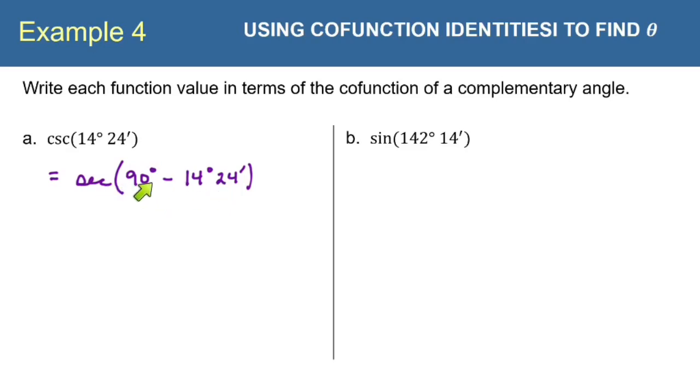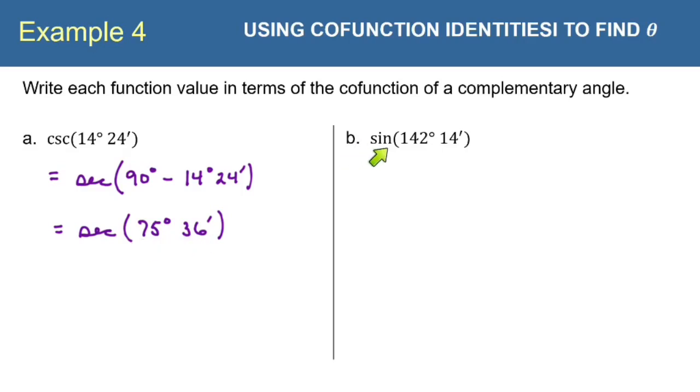Now you can do this subtraction on your calculator, and then we would have secant of 90 degrees minus 14 degrees and 24 minutes is equal to secant of 75 degrees and 36 minutes. And that's all we were asked to do. Notice it said write each function in terms of the cofunction of the complementary angle, and we've done that.